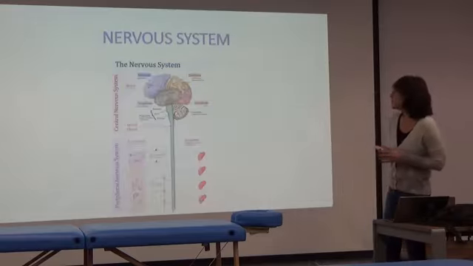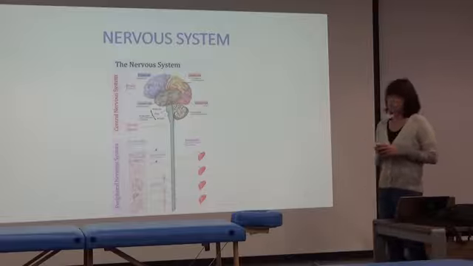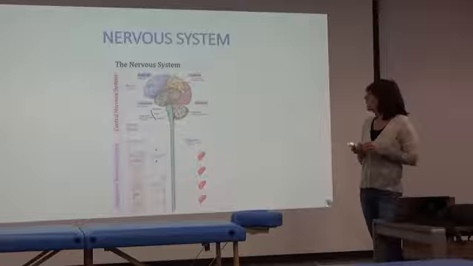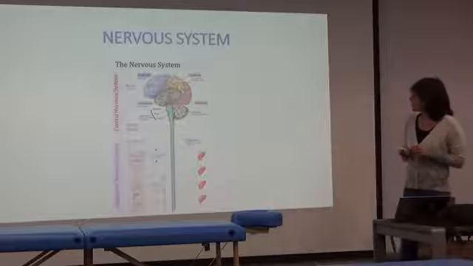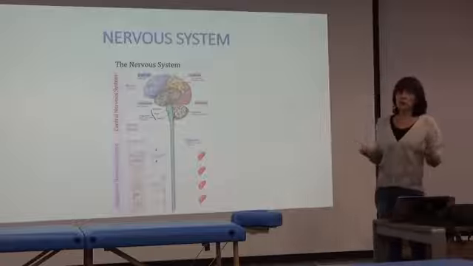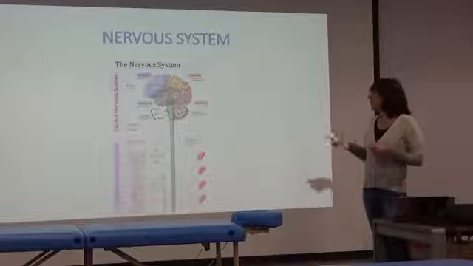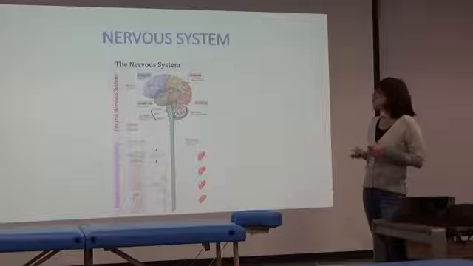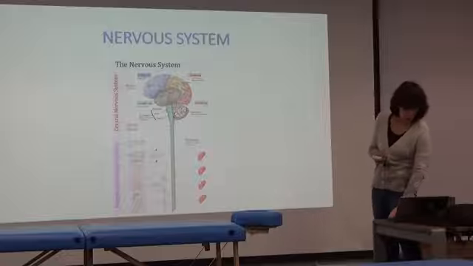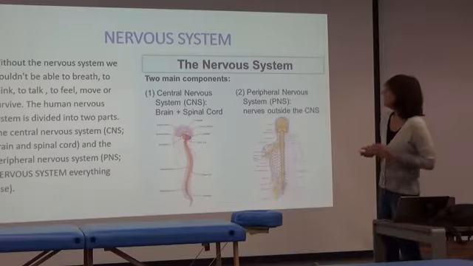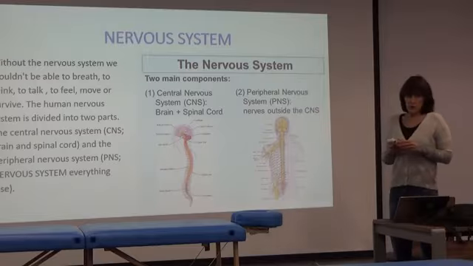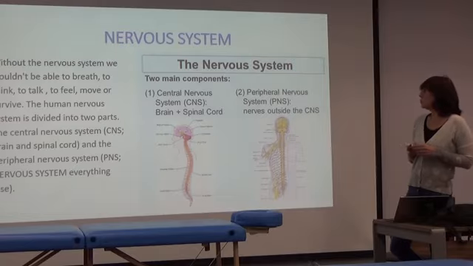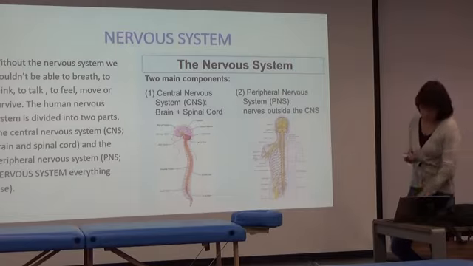Okay, so this is the nervous system, and that's our main regulatory system in the body, and we have the central nervous system and the peripheral nervous system. All the information from the outside world is going to travel by the cords of the peripheral nervous system and then eventually get into our central nervous system for processing. Without the nervous system working properly, we cannot walk, we cannot breathe, we cannot talk, we cannot do any kind of activities.